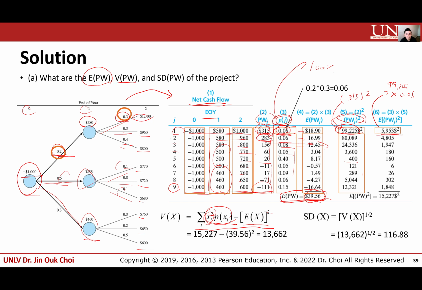Okay, and let's continue doing that one more time. Let's pick this one, PW squared multiplied by 0.06, which is the probability, which will give us 302.